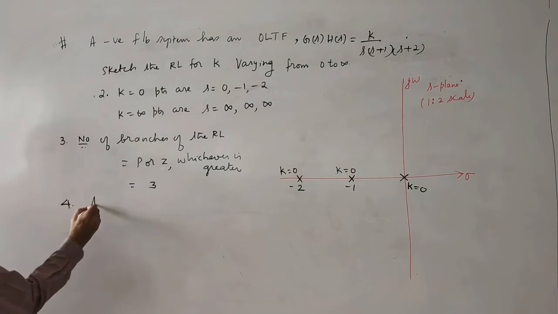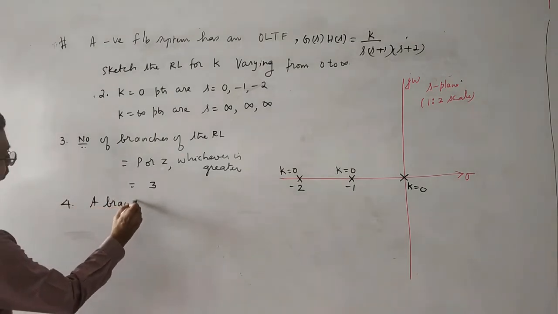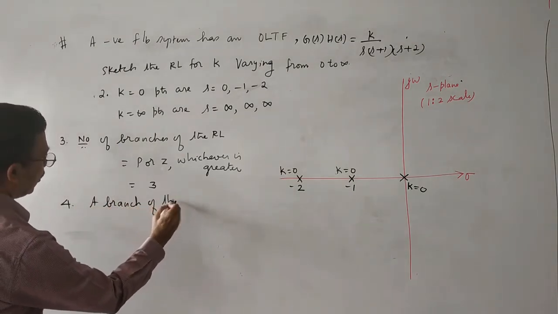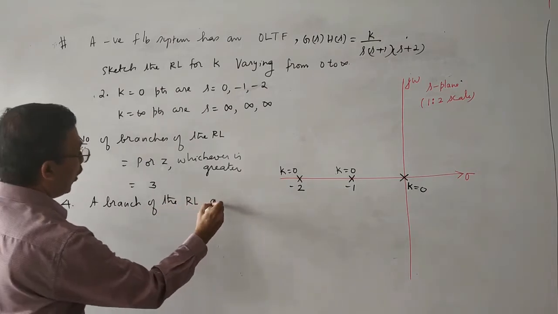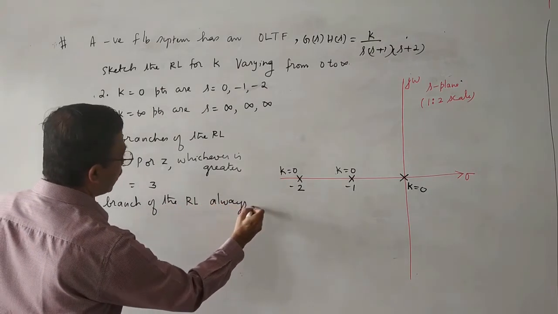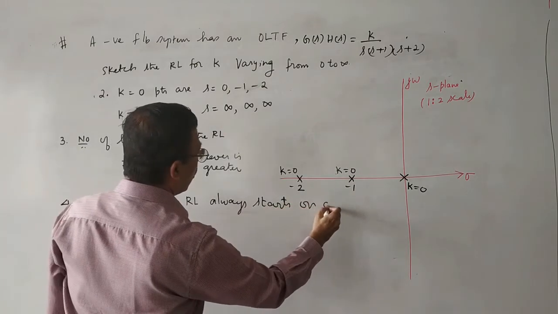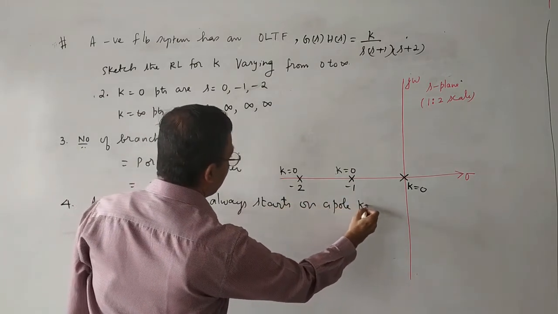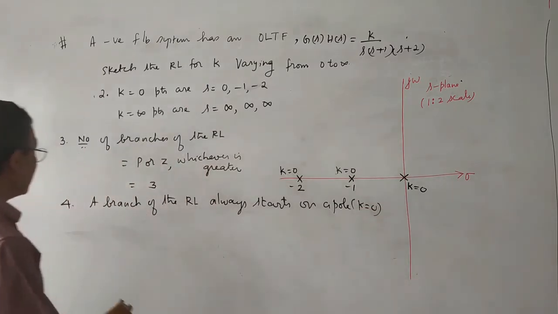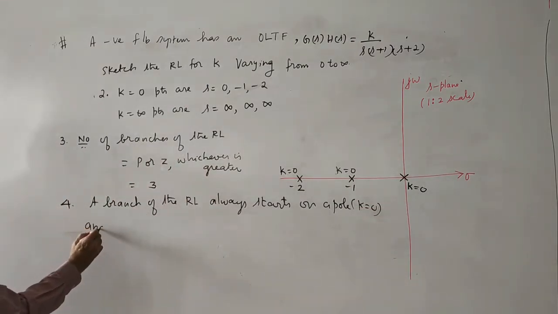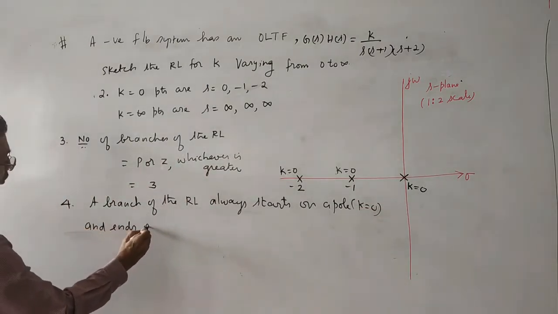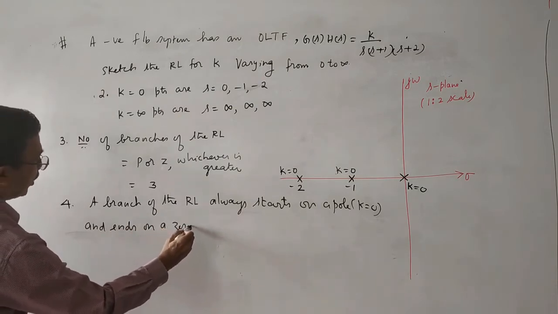Fourth point, a branch of the root locus always starts on a pole. Pole means k equal to 0, and ends on a zero. Zero means k equal to infinity.